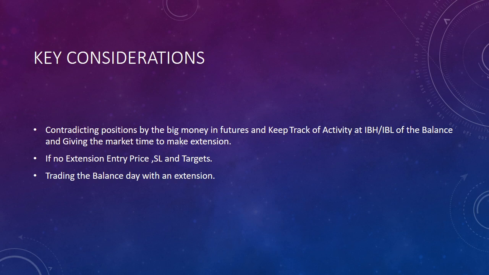And usually extensions on a balance day happen in particular periods, right? Either in the G period, which is about 12:15 to 12:45, right? Or it happens near 1:15 to 1:45.